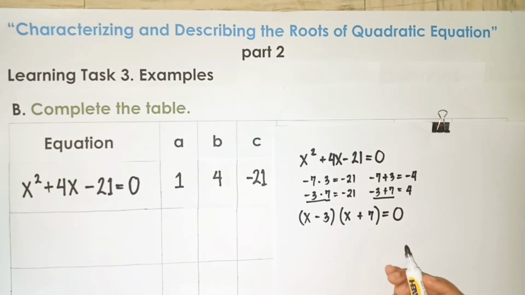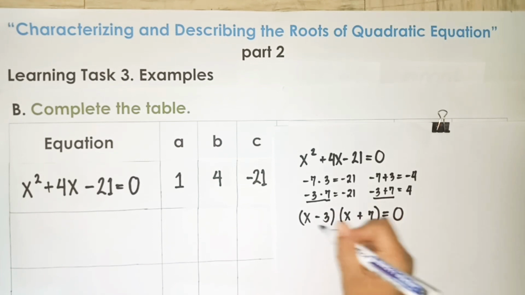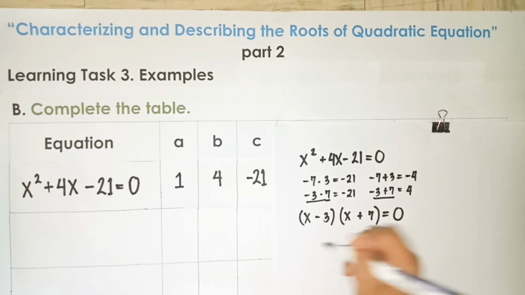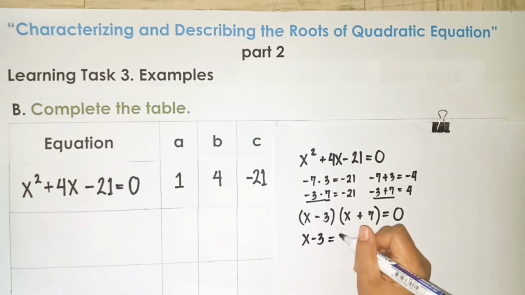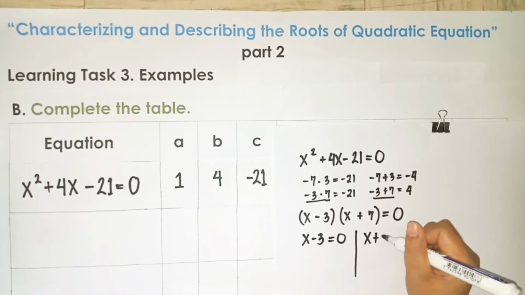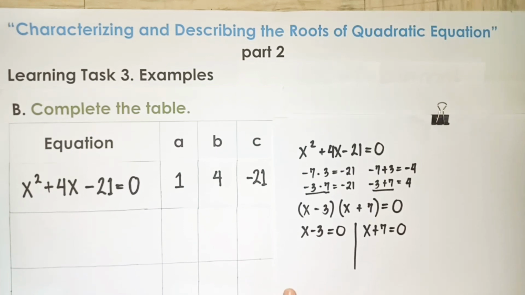So, let's use the zero product property. We are going to equate the two factors to 0 to find the values of x sub 1 and x sub 2. So, we have x minus 3 equals 0, and the other one, x plus 7 equals 0. So, we need to find the value of x.